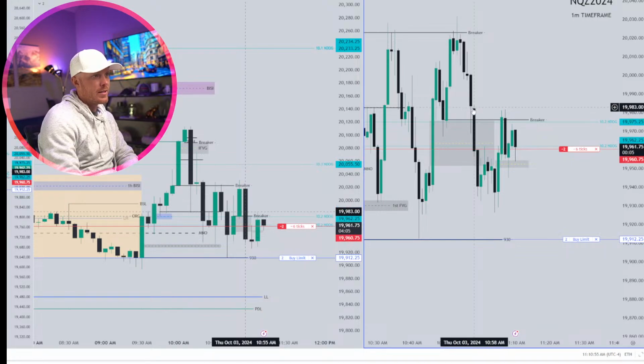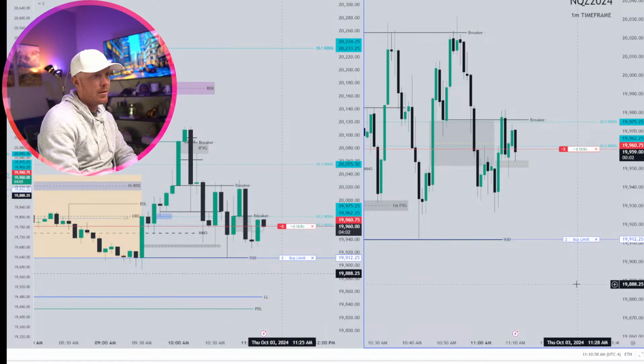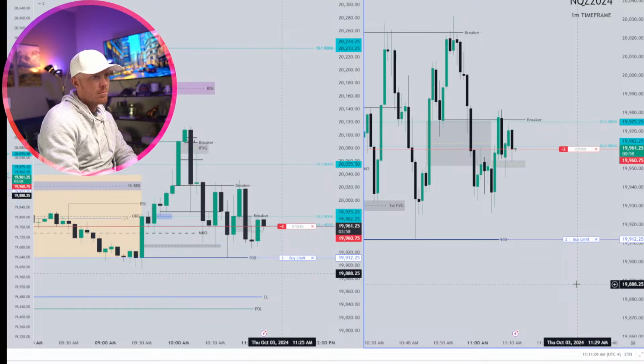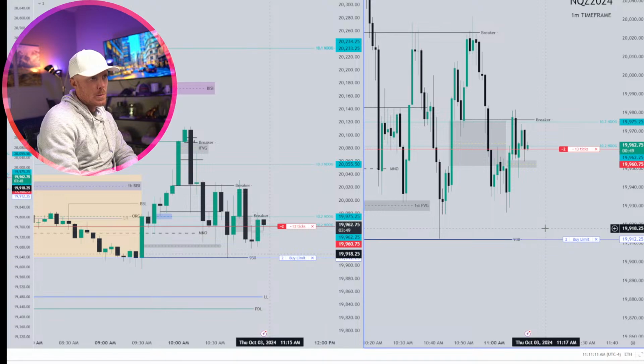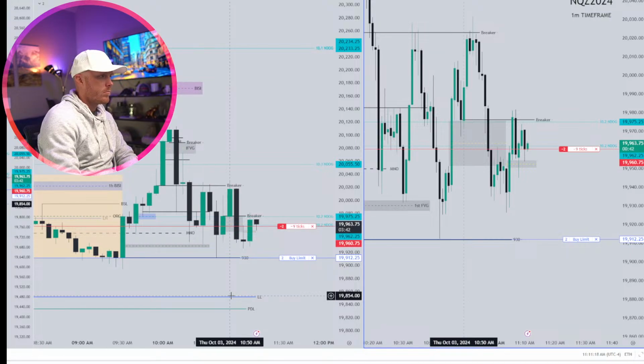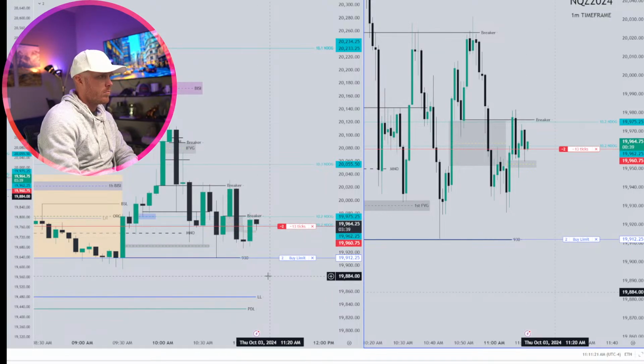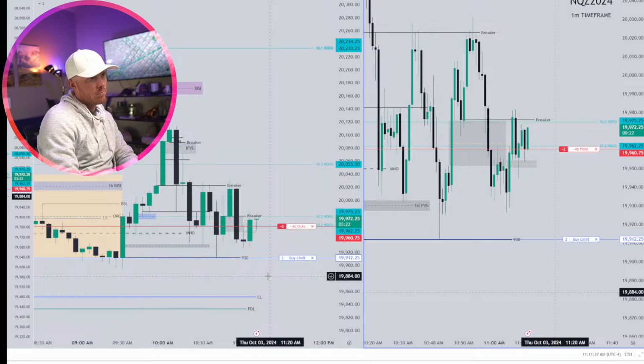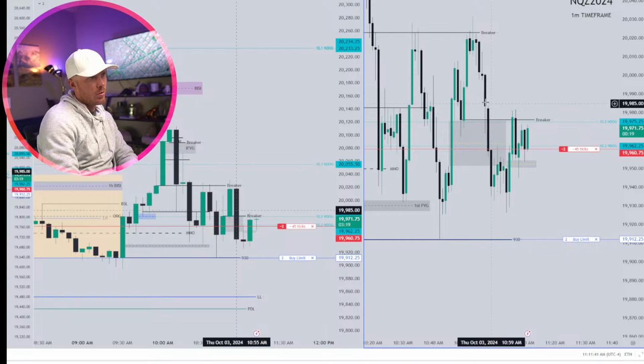We could reach up into some of these volume imbalances, which is a real possibility. Looks like we're going to run up here.